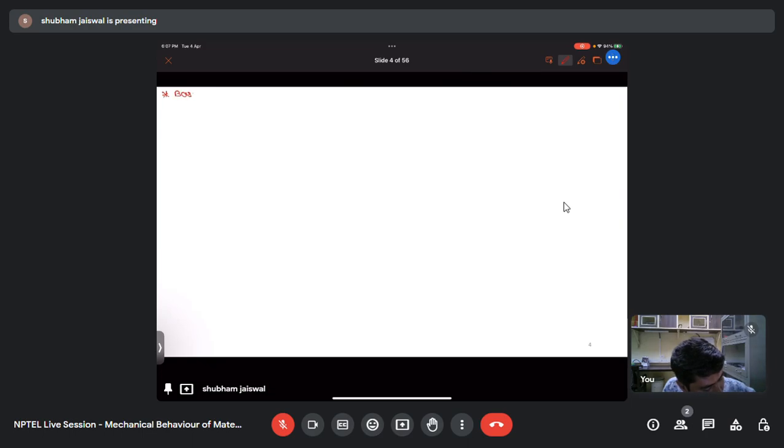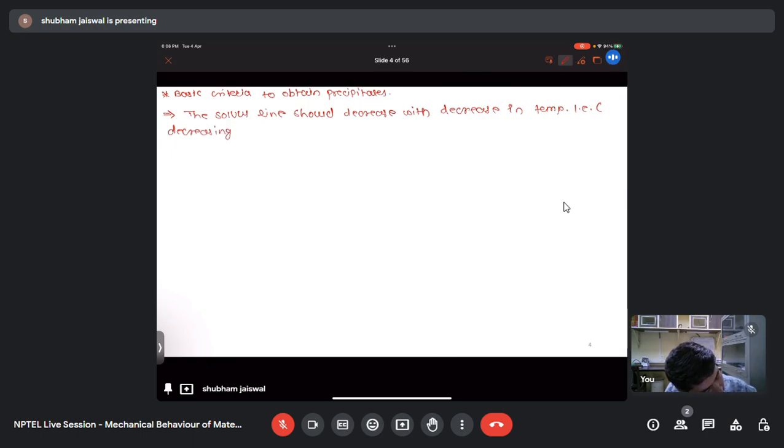The basic criterion to obtain precipitates is that we'll get precipitates when the solvus line decreases with decreasing temperature, or in other words, when solid solubility decreases as temperature decreases.